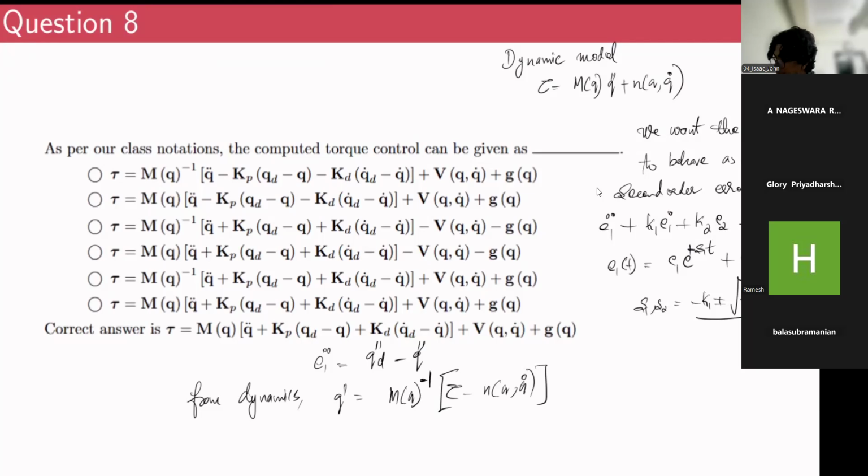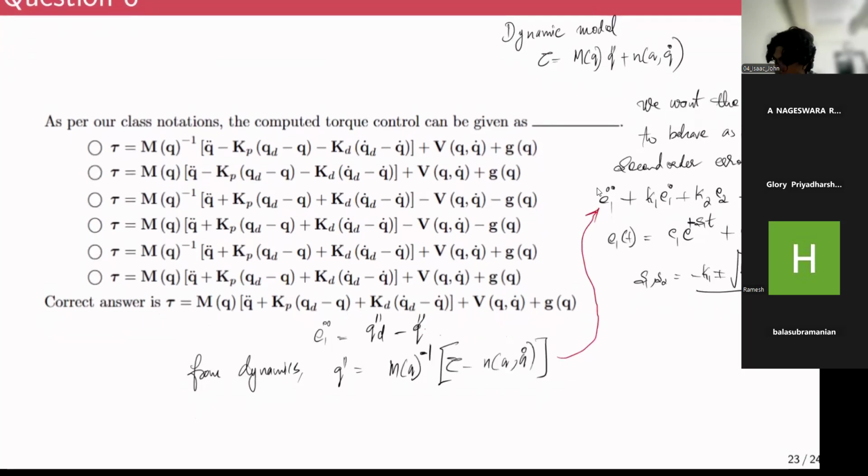If I substitute this expression for q double dot into the error dynamics, I'll get q desired double dot minus M(q) inverse times tau minus N(q, q dot), plus K1 e dot plus K2 e. This should be 0.